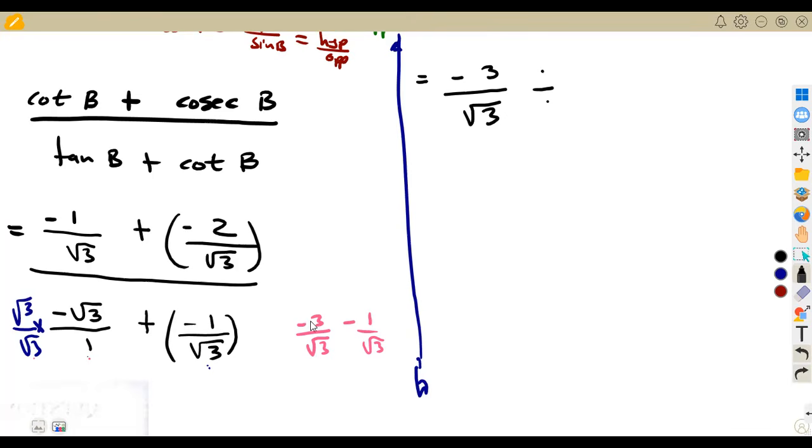If you combine minus 3, minus 1, we get minus 4. So it is going to be minus 4 over the square root of 3, which is the common denominator that made us combine these two. Everything is over the square root of 3.